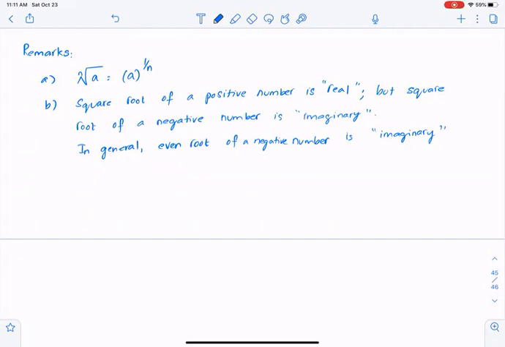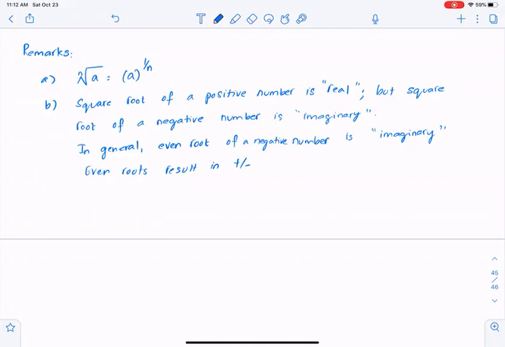But square root is the best example. If we have a positive number, there isn't any issues at all. Also, when we take an even root, the result can have plus or minus signs. It could be positive or negative.